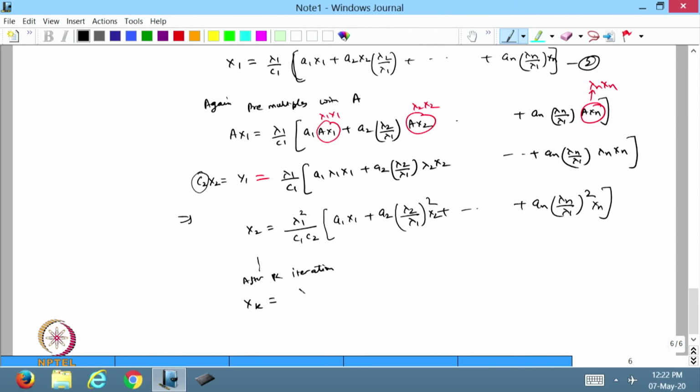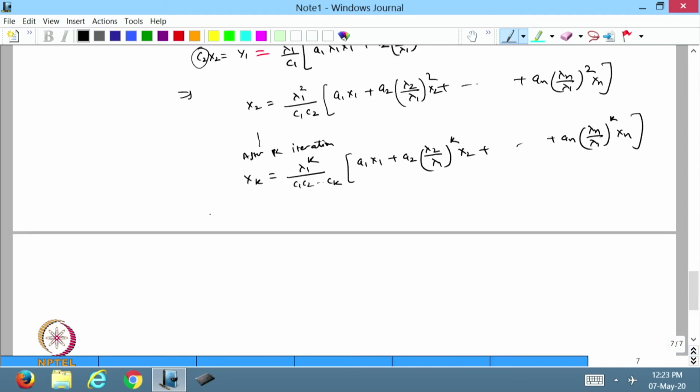It will be lambda 1 power k over c1 c2 up to ck, times a1 x1 plus a2 (lambda 2 over lambda 1) power k x2 and an (lambda n over lambda 1) power k xn. So, this is what we are finding.